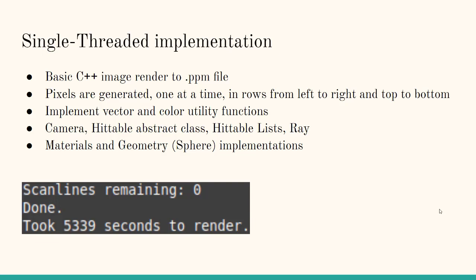This process takes quite a while, as there can be many reflections and light rays bouncing off of many objects. And you don't do one light ray per pixel, you do many light rays per pixel, and you get high run times with this. So next slide.